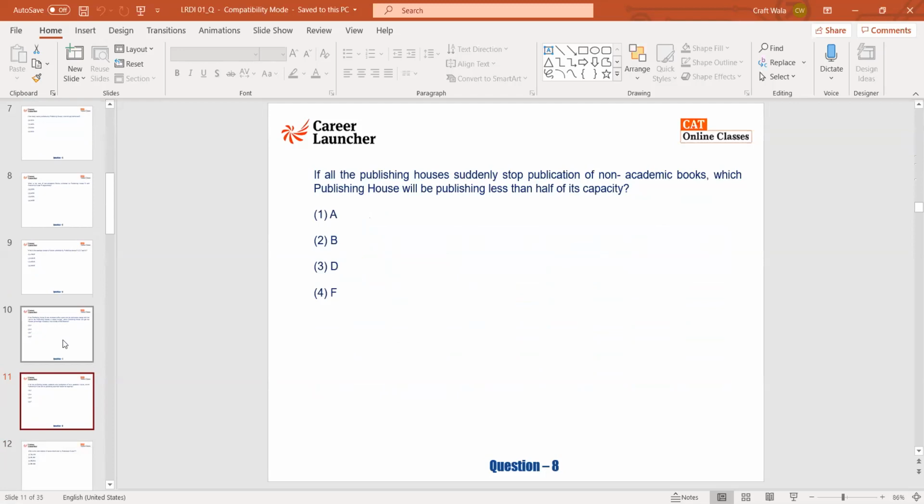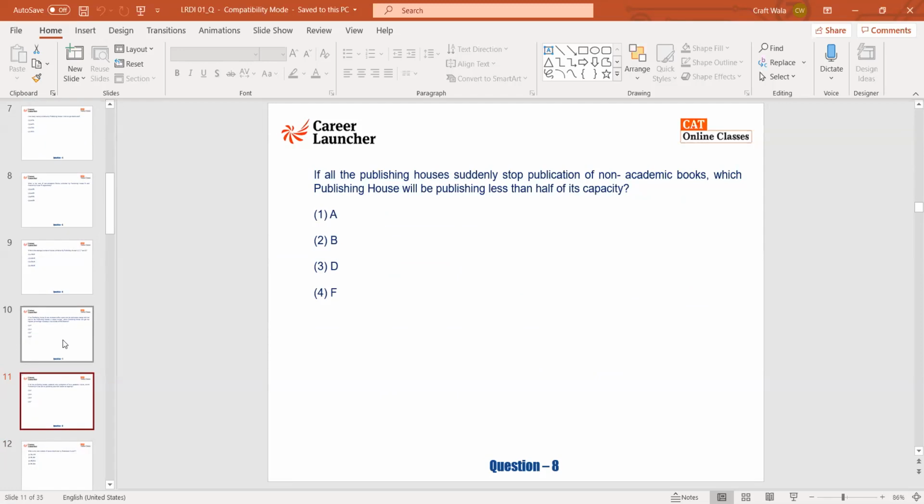Next, eighth one. Somebody raised doubt about this. If all publishing houses suddenly stop publication of non-academic books, which publishing house will be publishing less than half of its capacity? That means if the non-academic books are stopped, I will come down to half of my production capacity.